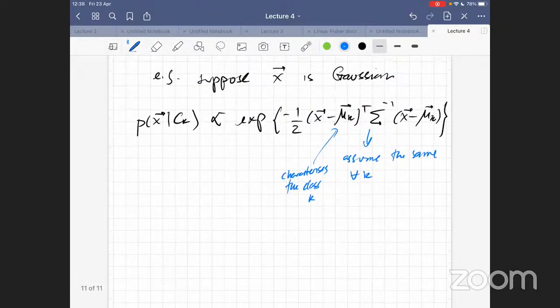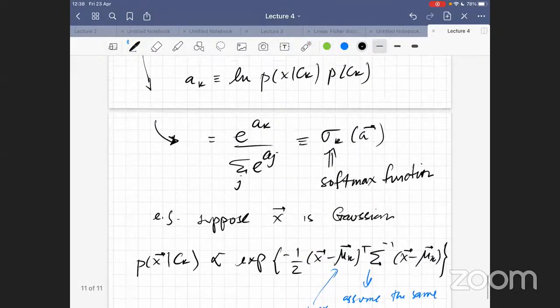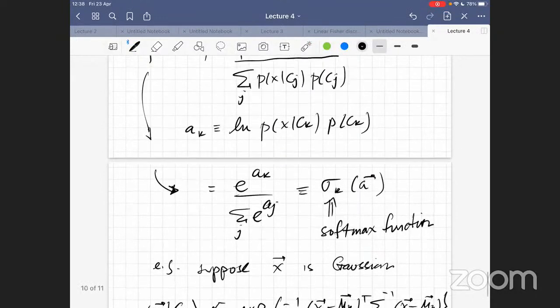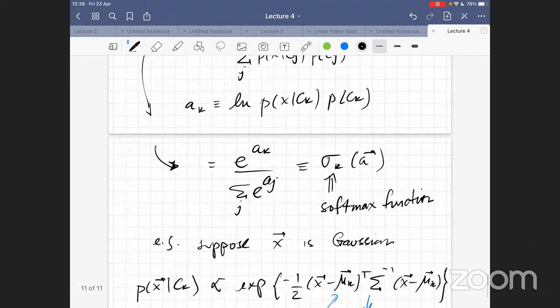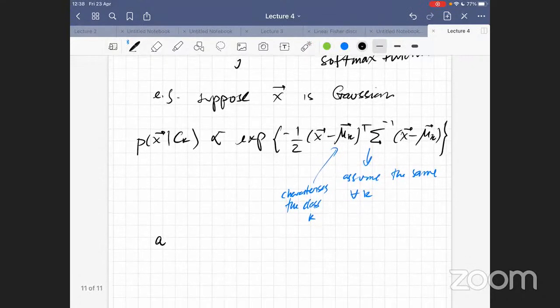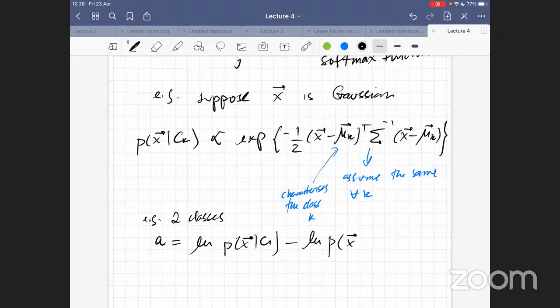So by assuming this, I compute this guy here. For example, in the case of two classes, A is just the log of P of x given C1 minus the log of P of x given C2 plus, okay, the log of the ratio of the priors.